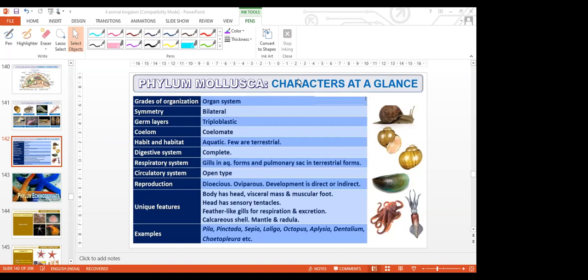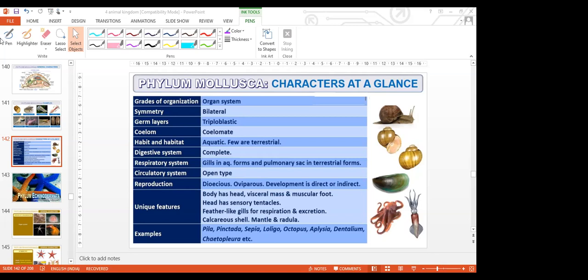Grades of organization: organ system. Symmetry: bilateral. Germ layers: triploblastic. Coelom: coelomate. Habitat: aquatic and a few terrestrial. Digestive system is complete. Respiratory system is gills in aquatic forms and pulmonary sac in terrestrial forms. Circulatory system is open.